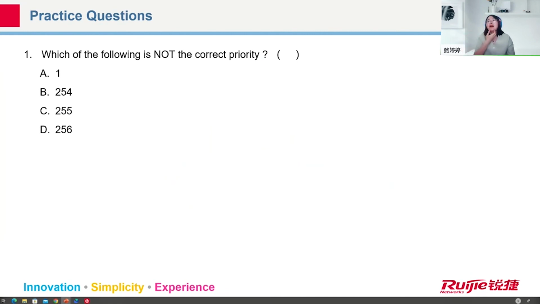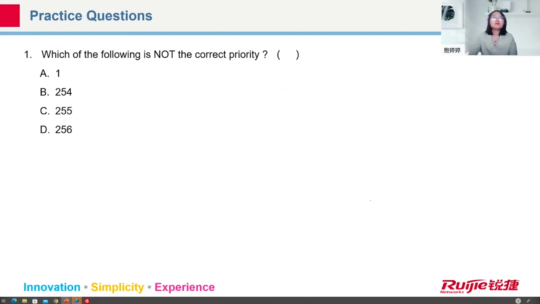So that's all about VRRP. Not a very difficult technology. And here are some questions you can see and choose. Which of the following is not a correct priority?